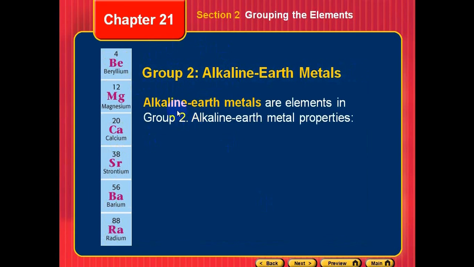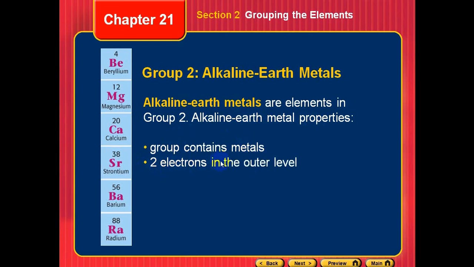Alkaline earth metals are elements in group 2. Alkaline earth metal properties: they are metals, with 2 electrons in the outer level. All of them have 2 electrons in the outer level. Do you remember alkali metals? They have only 1 electron. But alkaline earth metals have 2 electrons in the outer energy level.